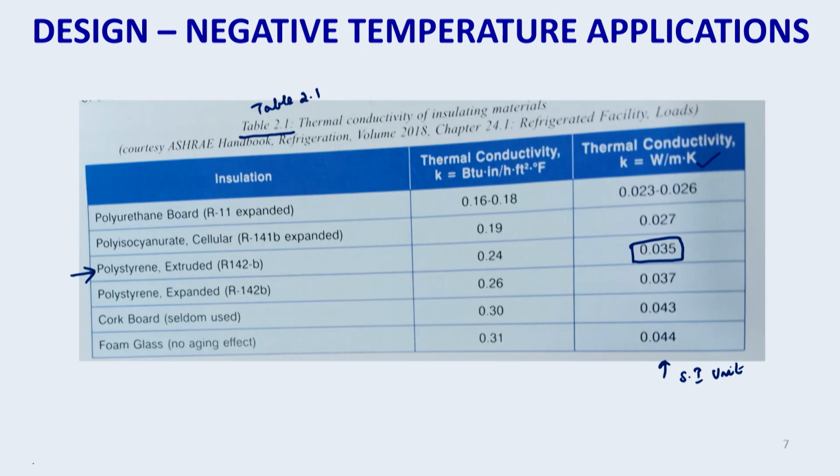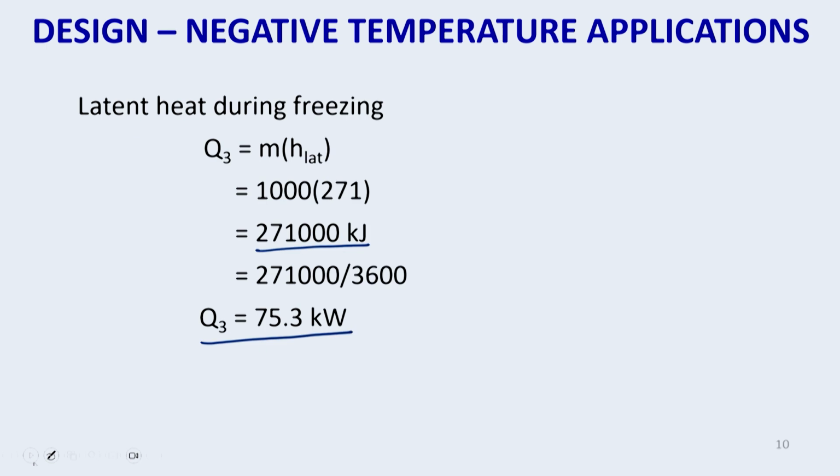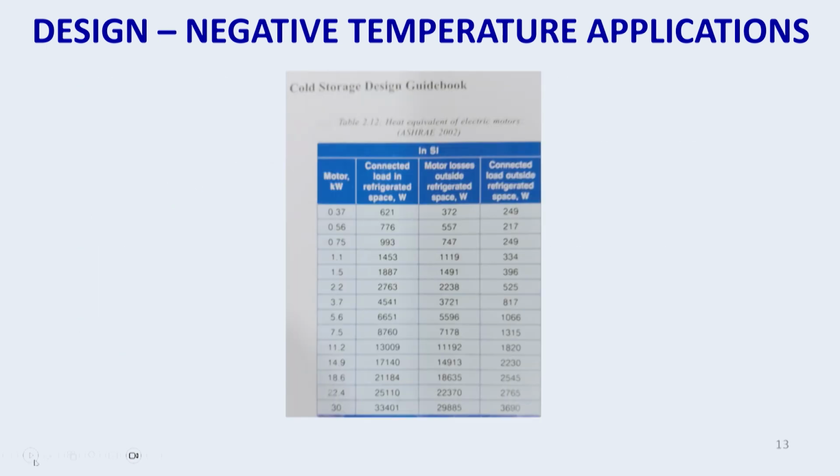If you see the table, this is motor kilowatt. 2.2 is here, and this column only we have to use.